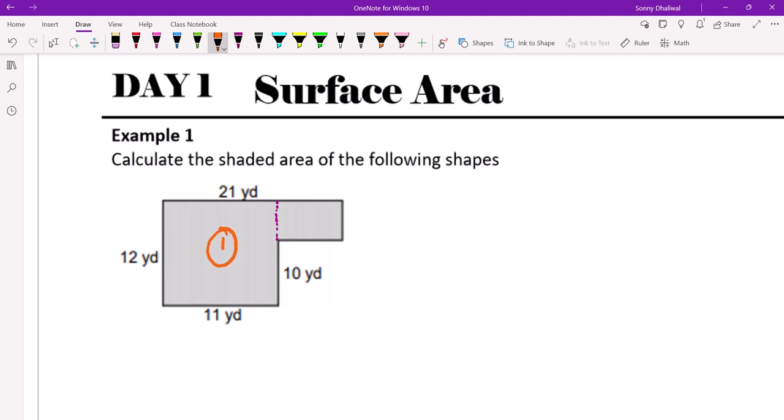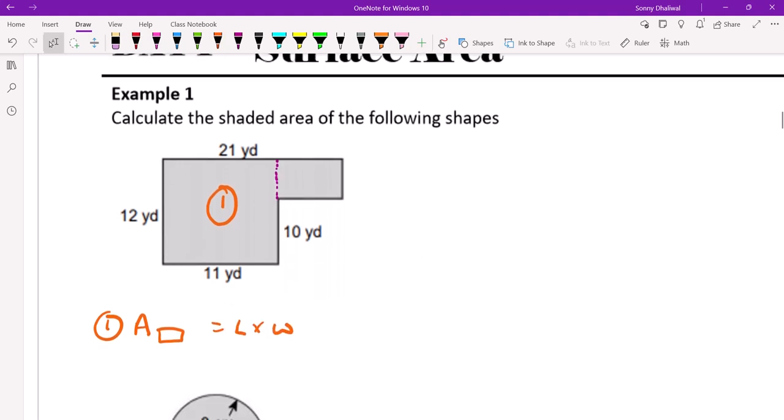So area of rectangle 1. We'll put a little 1 here. Is length times width, right? Maybe I'll go off to the side here. More room there. Area of the rectangle is length times width. I have 11 times 12.